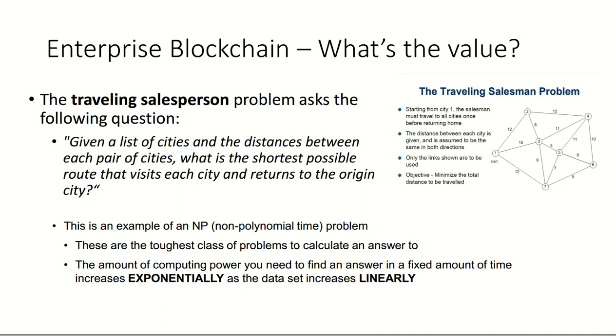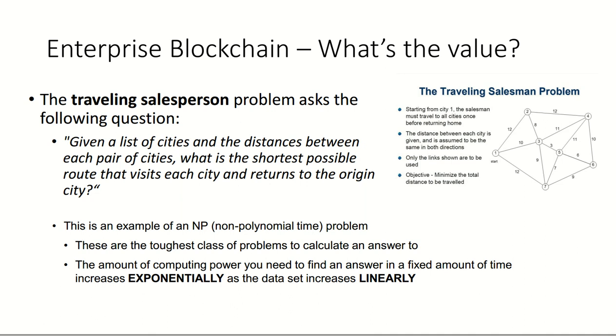Now, all of this is really driven around solving a certain problem in the enterprise. That is a problem known as the traveling salesperson problem. This is a famous problem in mathematics and computational science. It's an example of something known as an NP, or non-polynomial time problem.